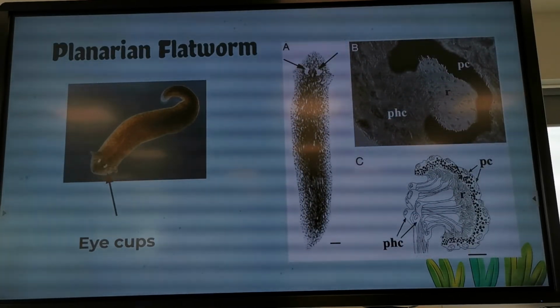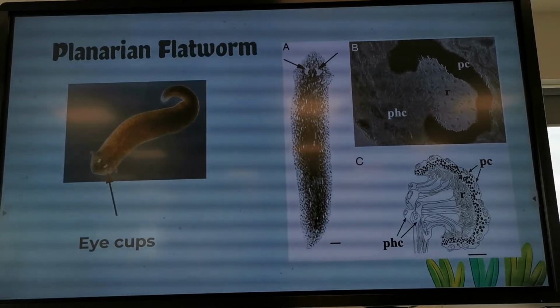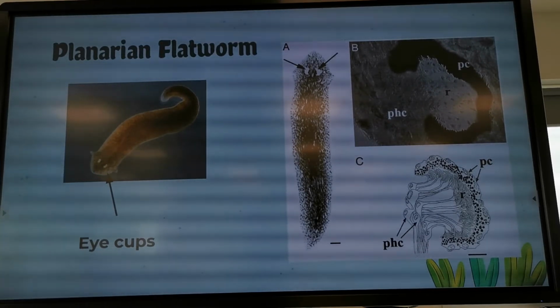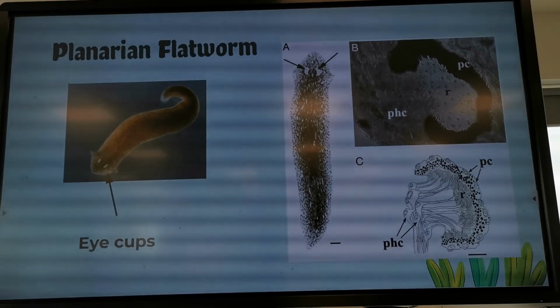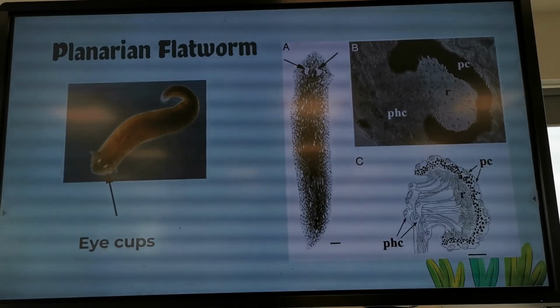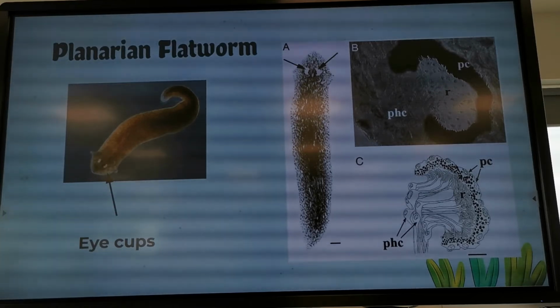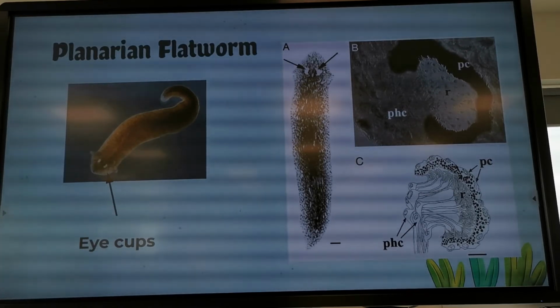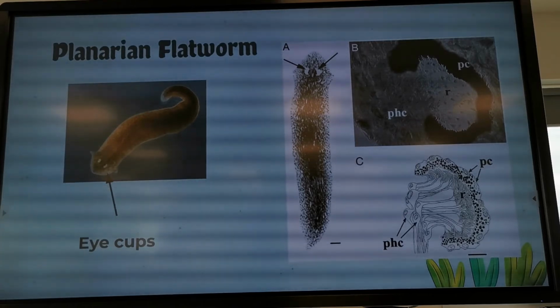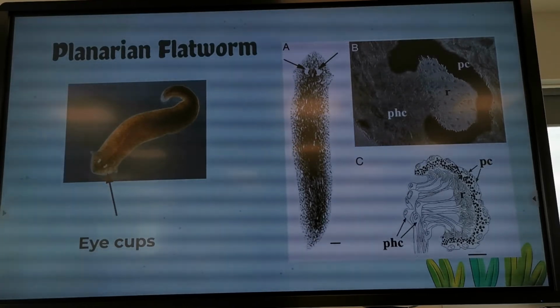Those are the photoreceptive cells, and then you can see that dark ring around it, that depressed cup, which is the pigmented cells, and that gives it its basic crude vision. It doesn't need particularly sharp vision. As long as it can navigate around, as long as it can detect where it is, then it can thrive in its environment. So the next question is then, how do we improve on that?